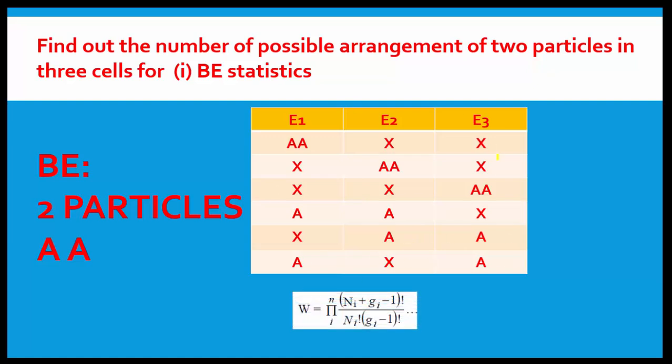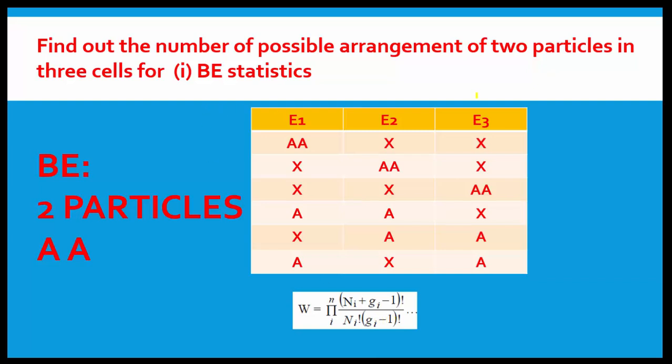So while distributing, you have 6 such possibilities. So we can say that there are 6 possible arrangements, or that the total number of microstates for this case is 6. Now if you want to calculate this number of microstates using theory, you can use this formula: W is equal to (n plus g minus 1) factorial divided by n factorial times (g minus 1) factorial.